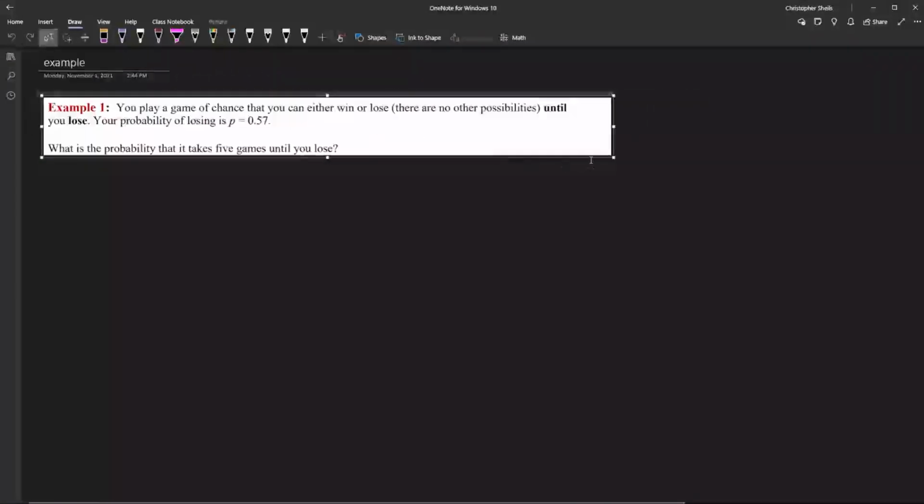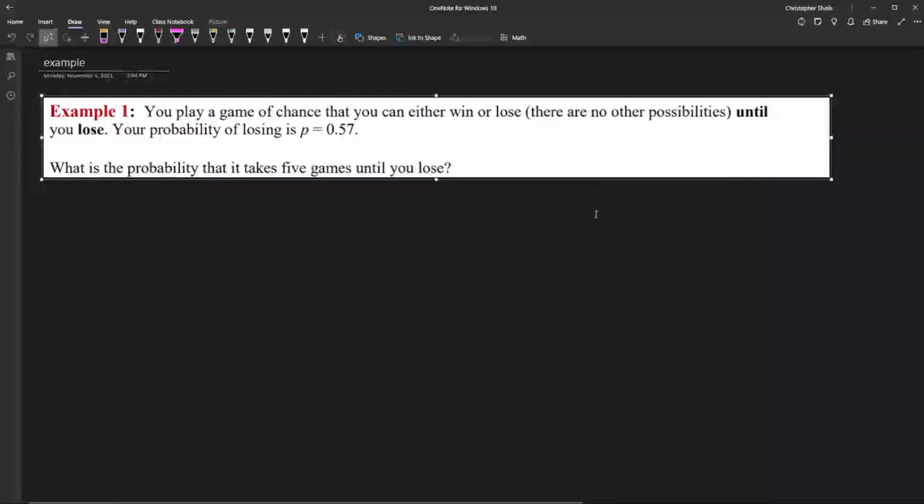For this first example, you play a game of chance that you can either win or lose. There are no other possibilities until you lose. Your probability of losing is P equals 0.57. What is the probability that it takes 5 games until you lose? Here, it might be helpful for us to define what is a success and what is a failure.